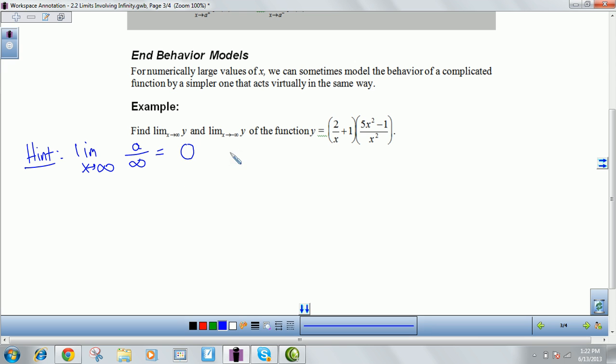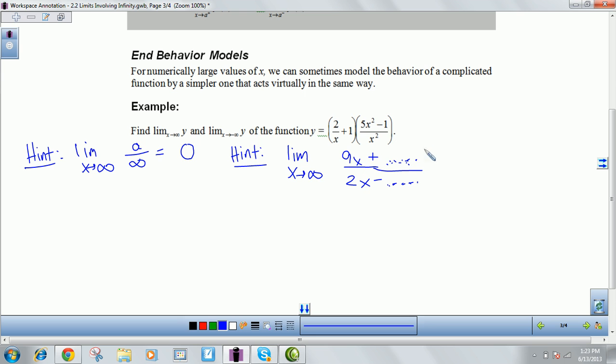Also, if you need a second hint, if not, go ahead and use that hint and try this problem. But here's your second hint. If you have values in the top and the bottom, so let's say you have like 9x over 2x, plus something, it doesn't matter. Here's the key. It doesn't matter what's over here. When you're finding these asymptotes, you're finding what's called, in a sense, the end behavior, because you don't care what it's doing in the middle of the graph.